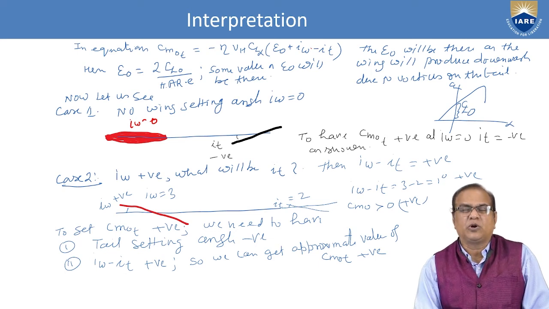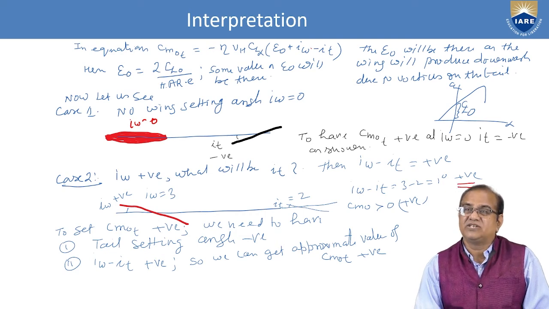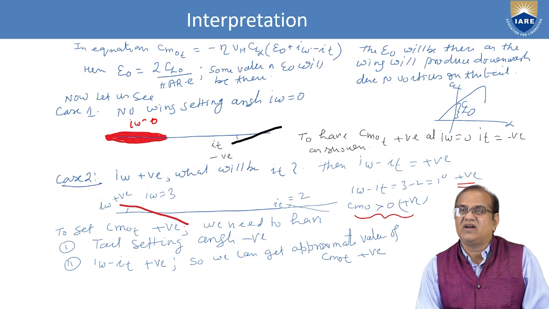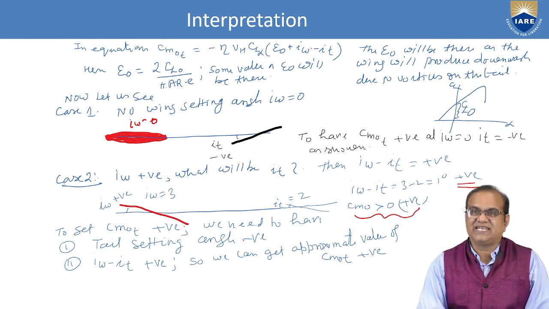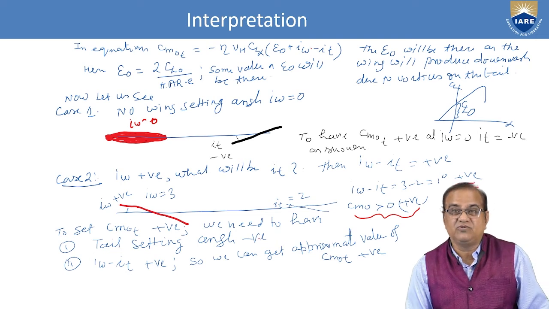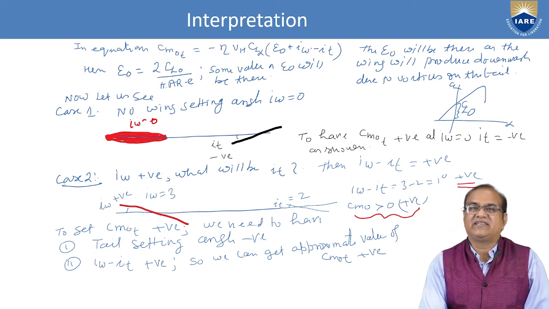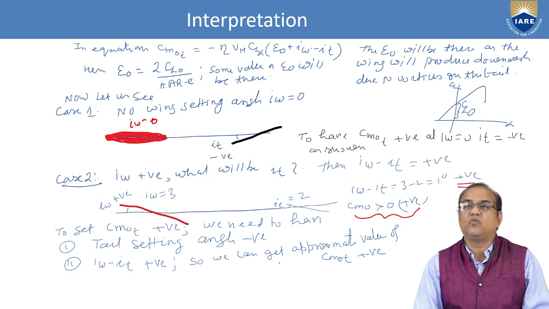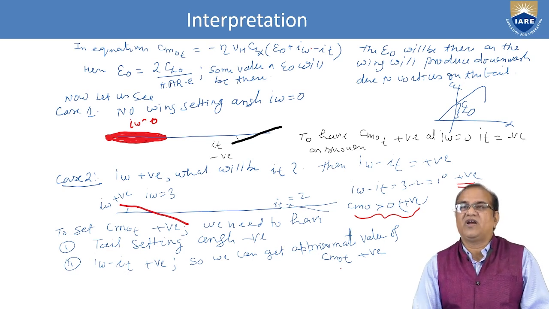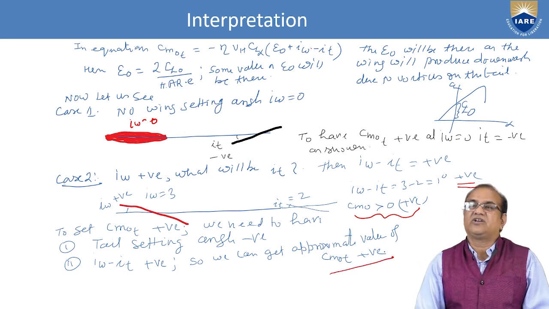So here I can put 2 degree or 1 degree or 0.5 degree. If I am putting, I am getting the value of positive. So Cm alpha will be positive. So tail setting angle should be negative for the first case, and for the second case, the difference between the wing setting angle and the tail setting angle should be positive. So we can get approximate value of Cm naught to positive.